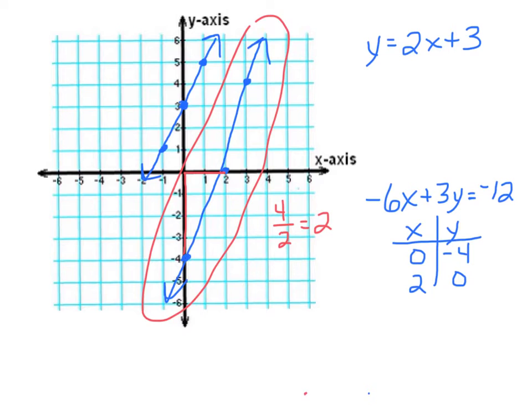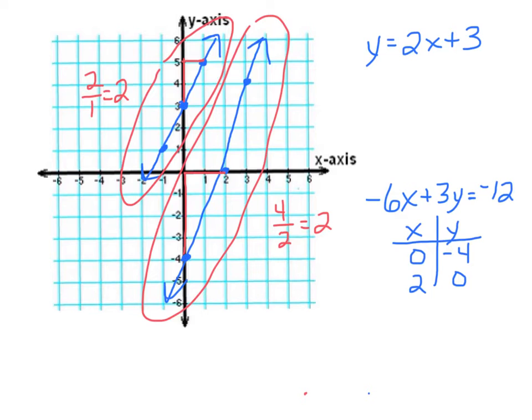And this particular line also has a slope of 2. I can go up 2 and over 1. So it also has a slope of 2, which means that these are two parallel lines and they will never cross. Thus, they do not have an intersection point.